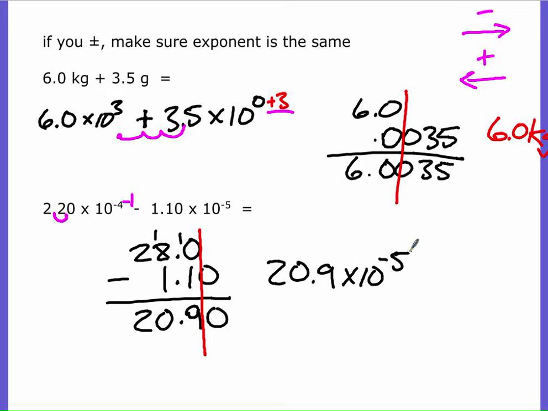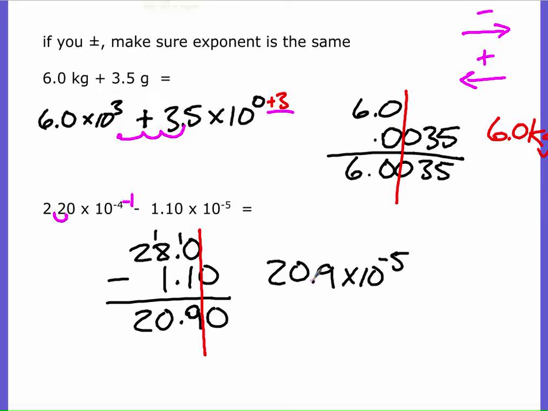And you'd think maybe I'm done with this, but there is one last little adjustment that I'm going to need to make. Scientific notation only ever has one number in front of the decimal. So if you get an answer when you're multiplying, dividing, adding or subtracting, doesn't matter what, and it's not in that correct form, you have to fix it to make it that way.